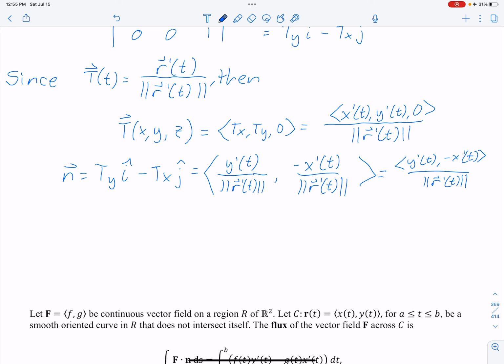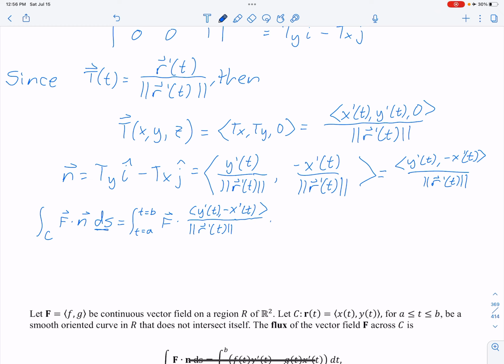Notice if we follow our definition, the integral over c of f dot n ds. I'm going to replace everything I have here. It's going to go from t equals a to b, and I'm going to put f dotted with my new definition of n: r prime of t, and then y prime of t, negative x prime of t, and then we still have ds.